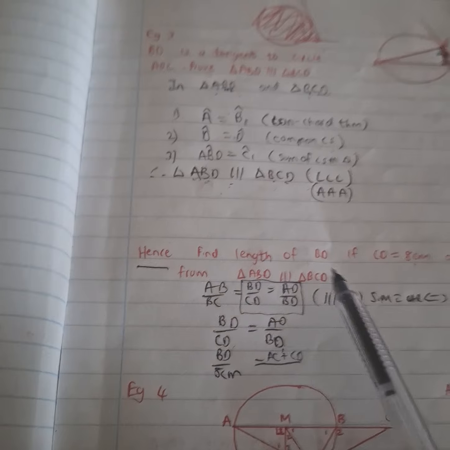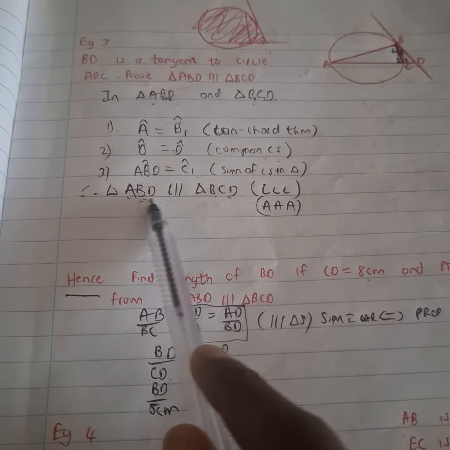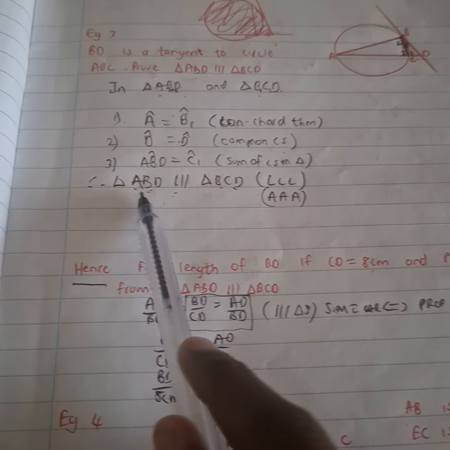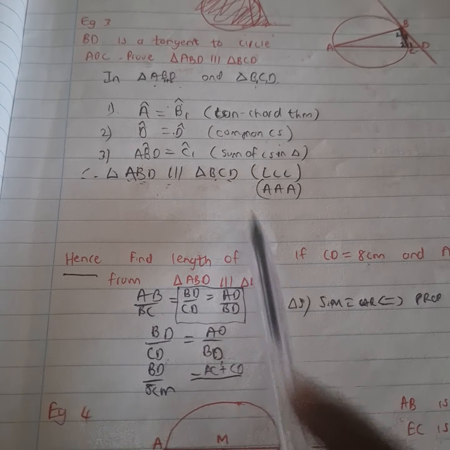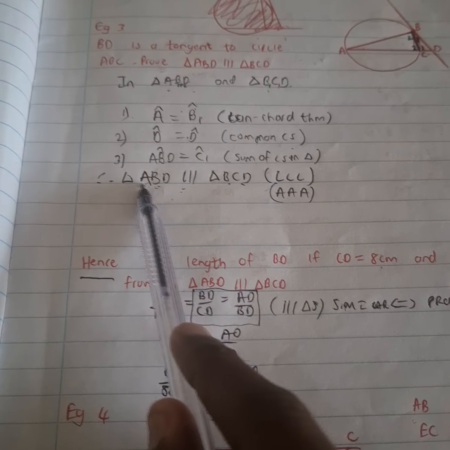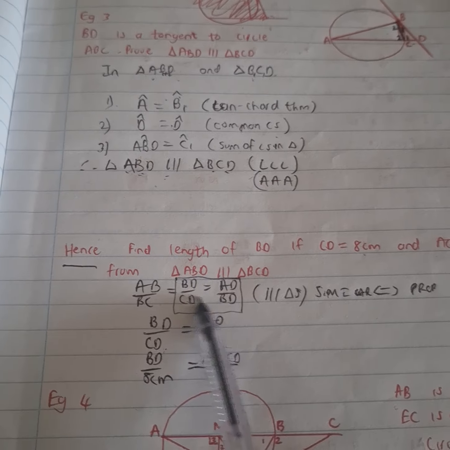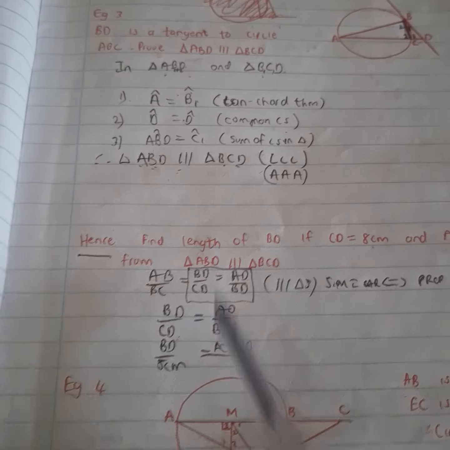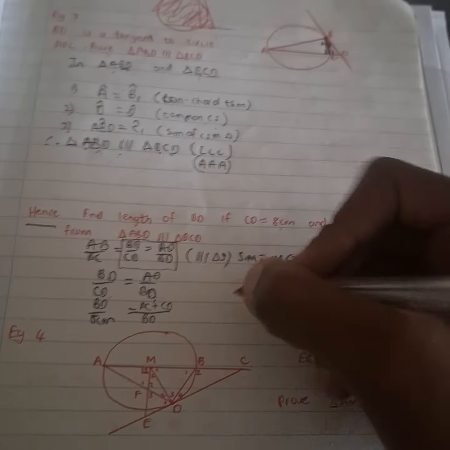Let's just verify and check this, guys. What did we say? AB over BC is equal to BD over CD, which is equal to AD over BD. Okay, then the BD is repeated. That's fine.